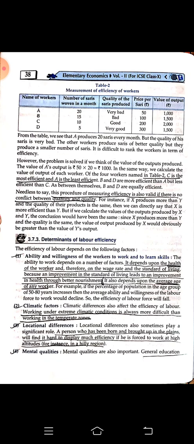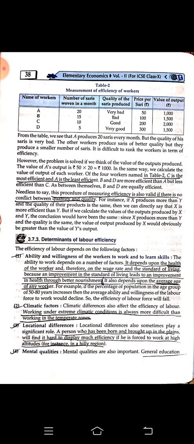That is, they will lead a hygienic life and a high standard of life. If they are having a high standard of life, then they will be healthy, and if they are healthy, they will be eager to work more, to earn more, and they will be eager to learn the skills more. Okay, so health is one of the important factors.